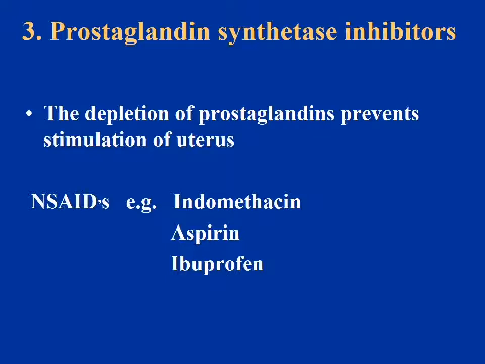Third, prostaglandin synthetase inhibitors. This is actually under the grouping of anti-rheumatic, anti-inflammatory drugs. The depletion of prostaglandins prevents stimulation of the uterus, like non-steroidal anti-inflammatory drugs, e.g. indomethacin, aspirin or acetylsalicylic acid, and also ibuprofen.